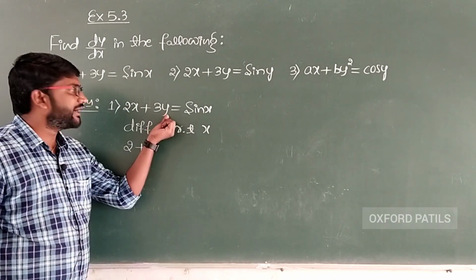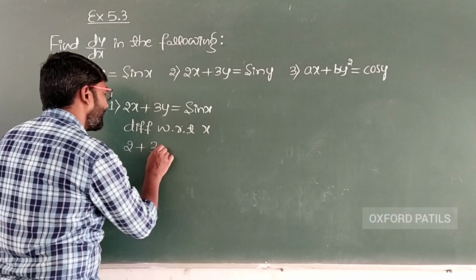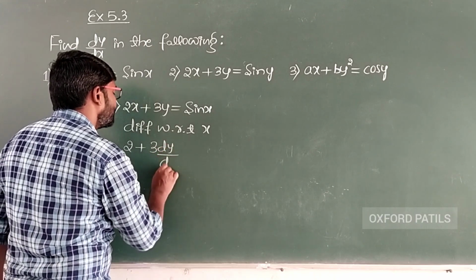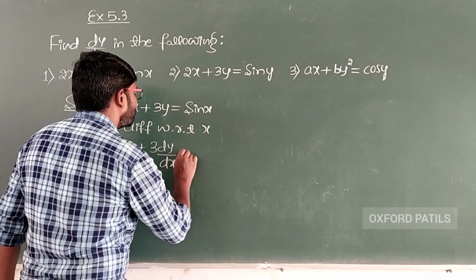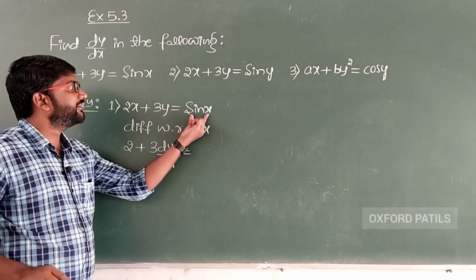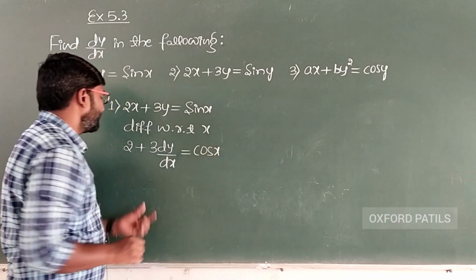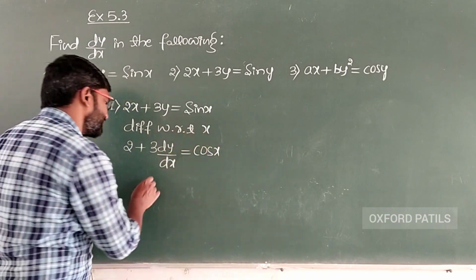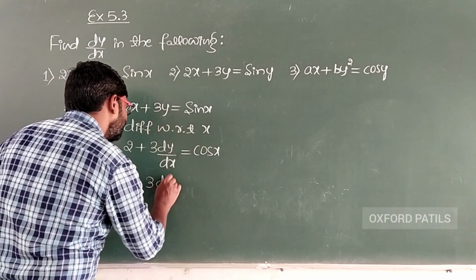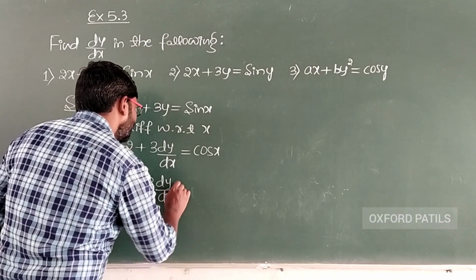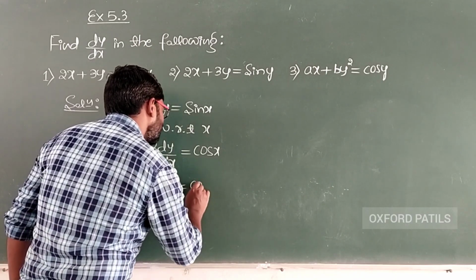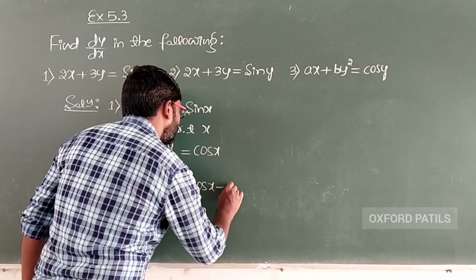Now derivative of y, it will be dy by dx. Then this is equals to, now derivative of sin x will be cos x. Now take 2 to the right hand side, it becomes minus 2. 3 times dy by dx is equals to cos x minus 2.